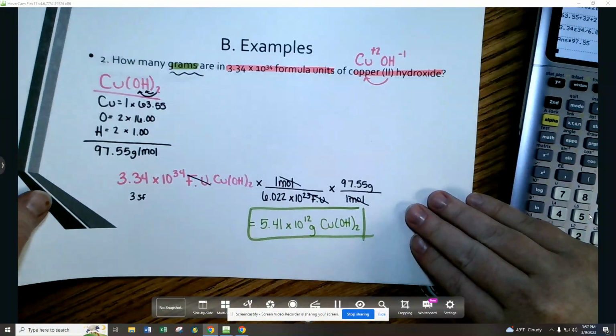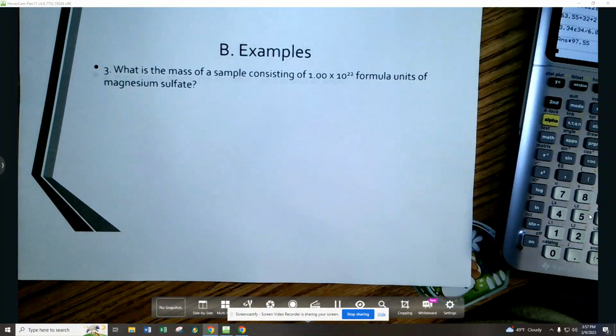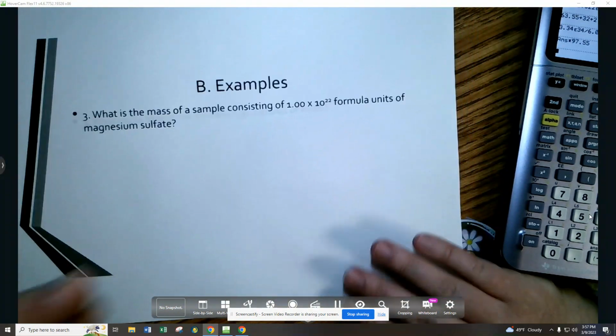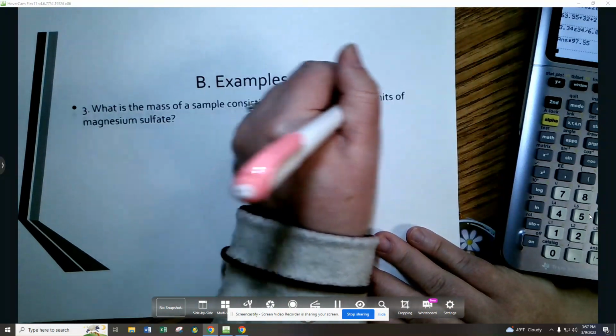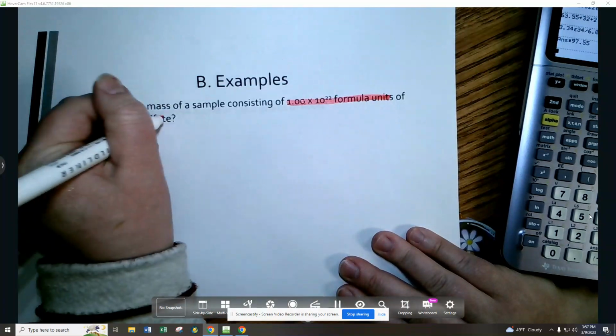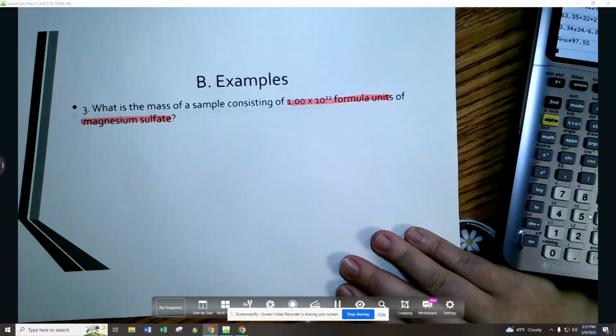If I look at the next example, it asks, what's the mass of a sample consisting of 1.00 times 10 to the 22nd formula units of magnesium sulfate? So here with this example, identifying my given as the 1.00 times 10 to the 22nd, and it's of magnesium sulfate.